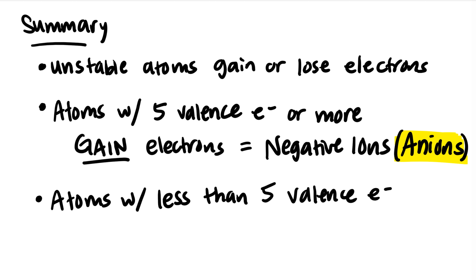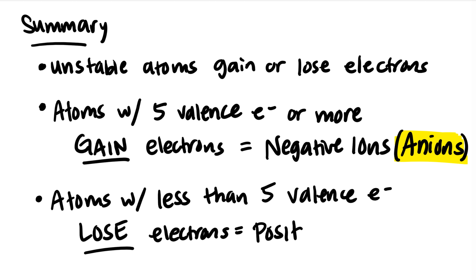When they lose electrons, the result, positive ions. And again, in chemistry, we like to give things names. Fancy chemistry name for positive ions. They're called cations.